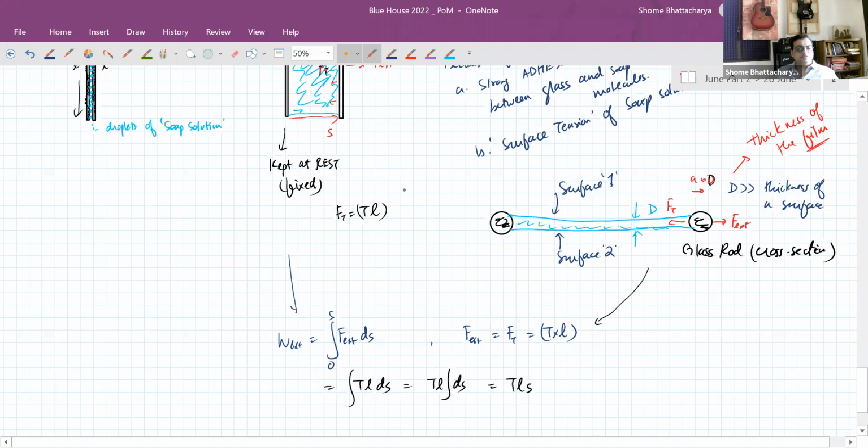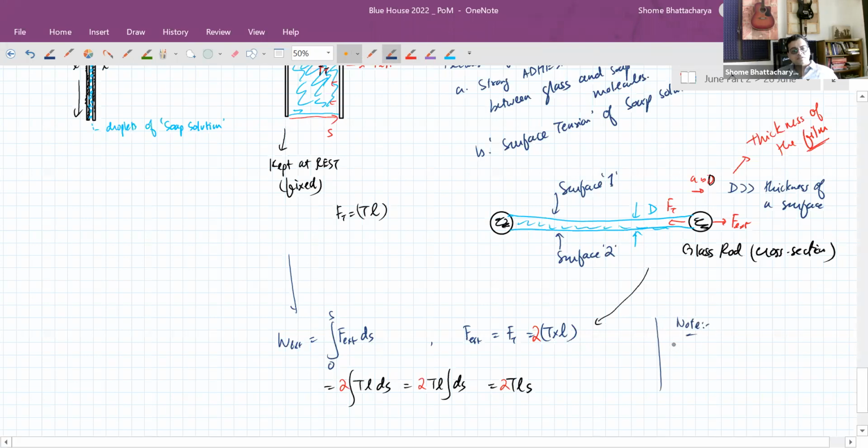But only one thing here, the total surface tensional force is double of this. Why it is double of this is because there are two surfaces. So this is very important over here.